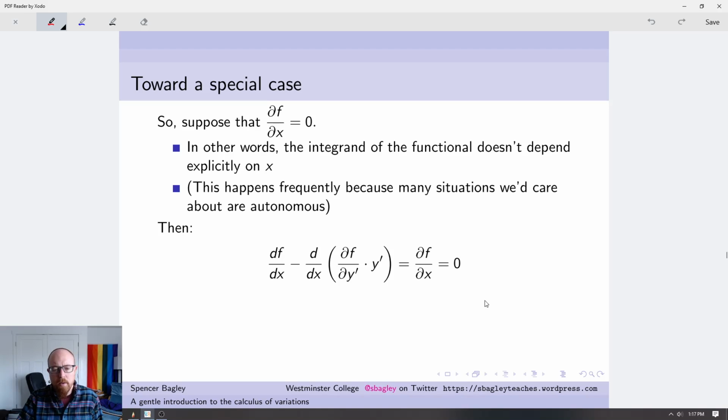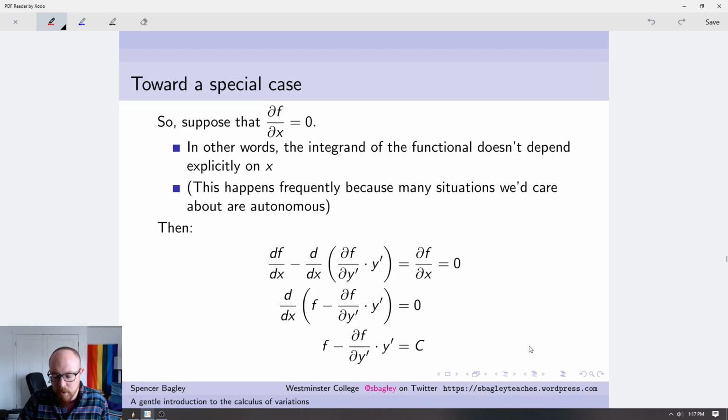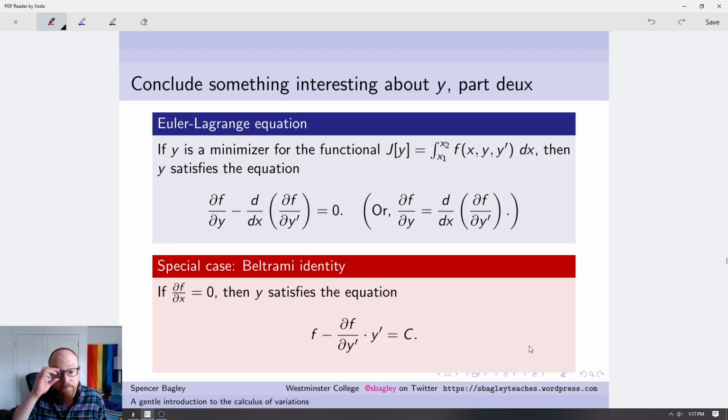So here's what we've got, and we can think about adding this back over, and then integrating both sides, or factoring out the derivative, quote unquote, and getting this, and then integrating both sides. And so we could conclude that f minus the partial of f with respect to y prime times y prime should equal some constant, and this is called the Beltrami identity. So this is a special case of the Euler-Lagrange equation in the case where the integrand doesn't depend explicitly on x.